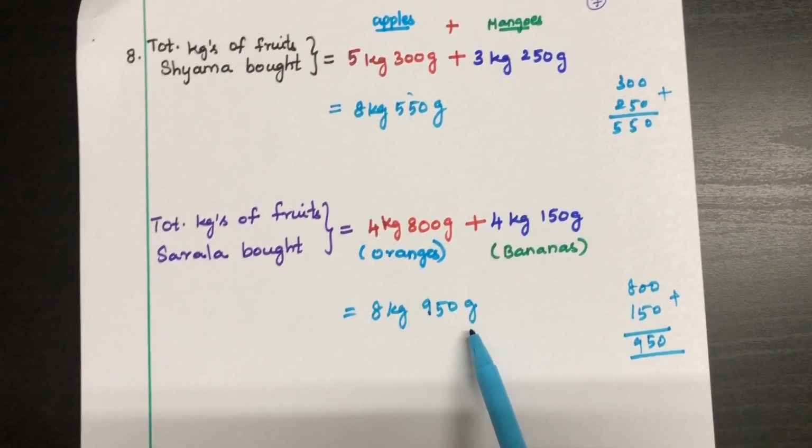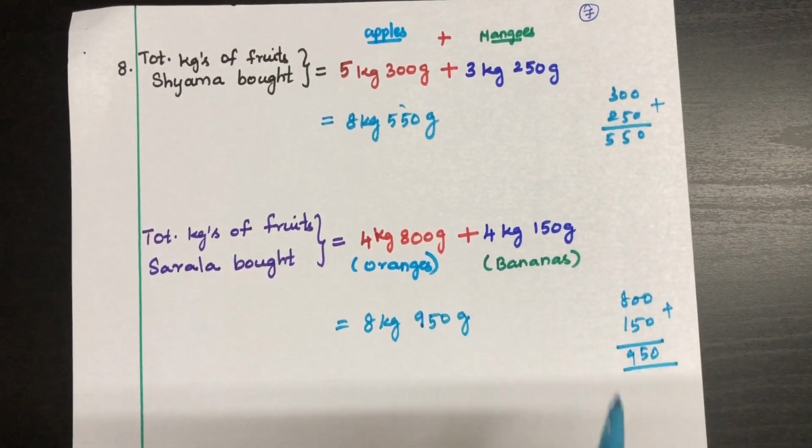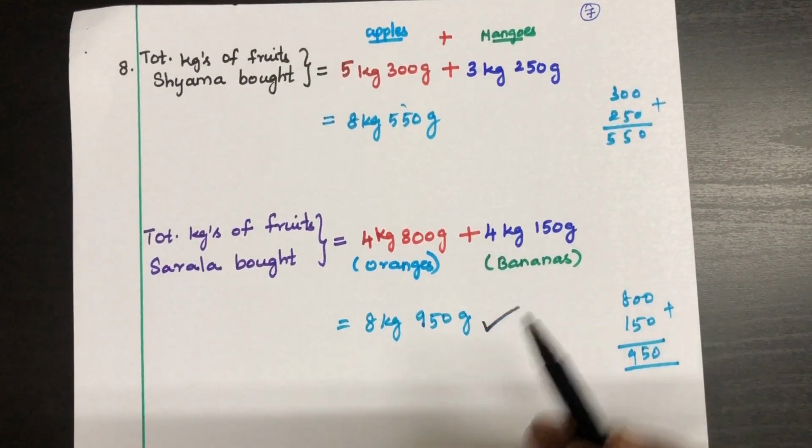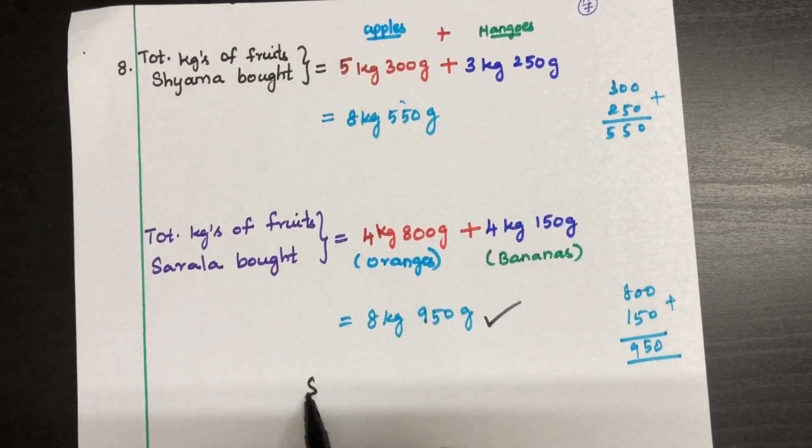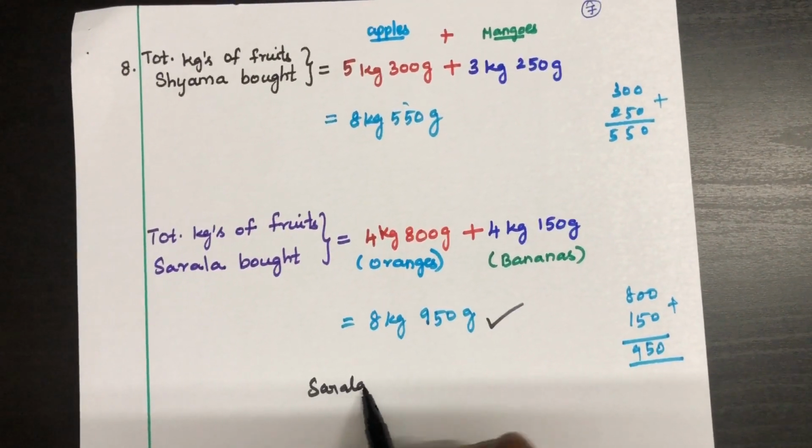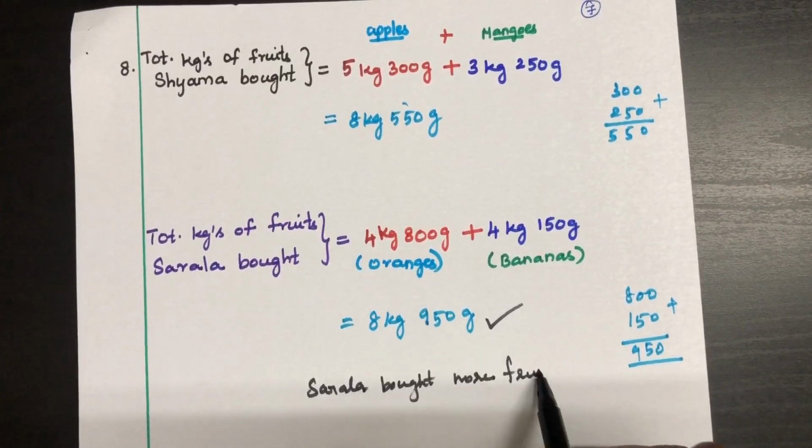Who bought more in both? Obviously Sarala bought more. Sarala bought more fruits.